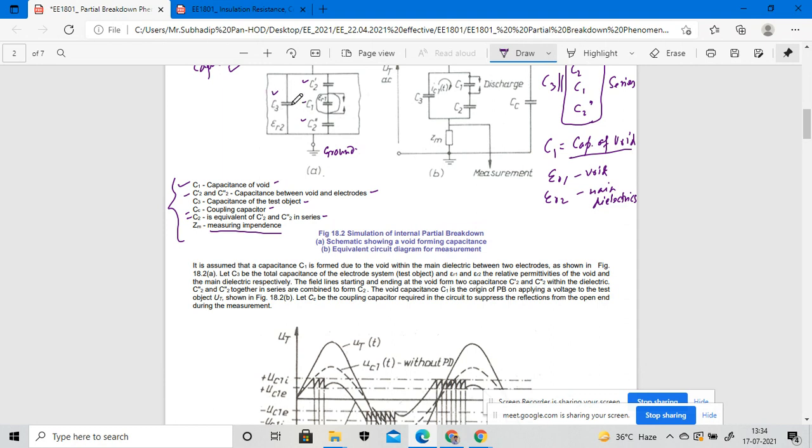So this C3 is nothing but the capacitor for the test object.